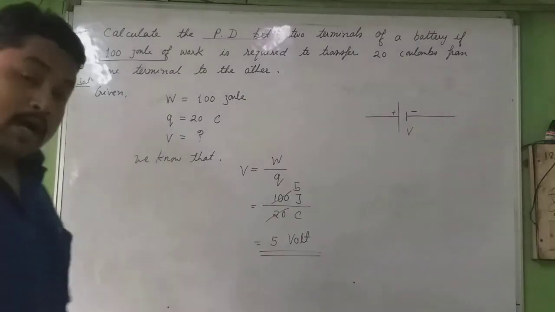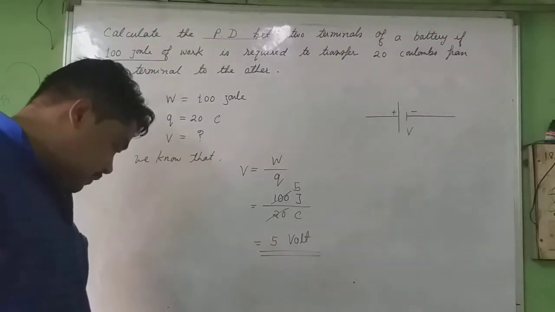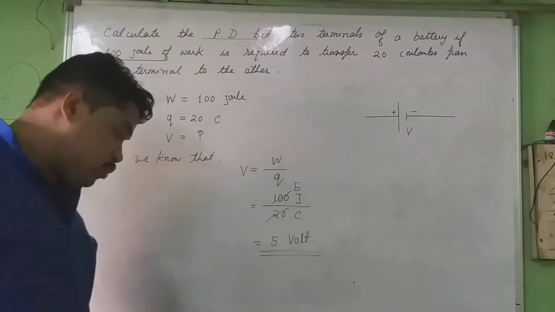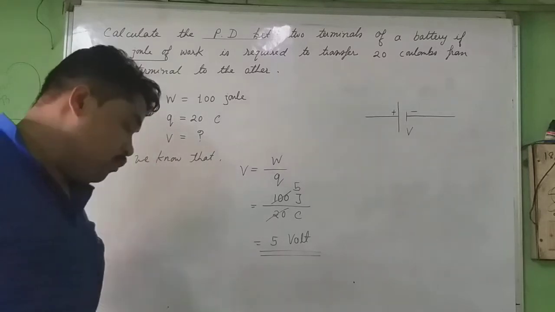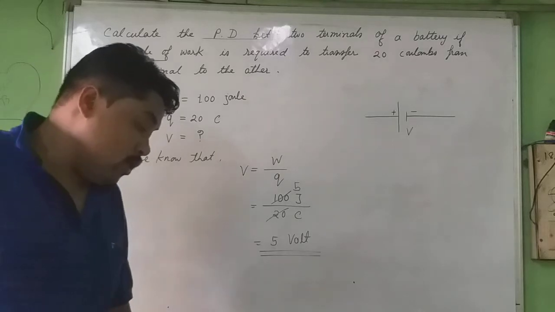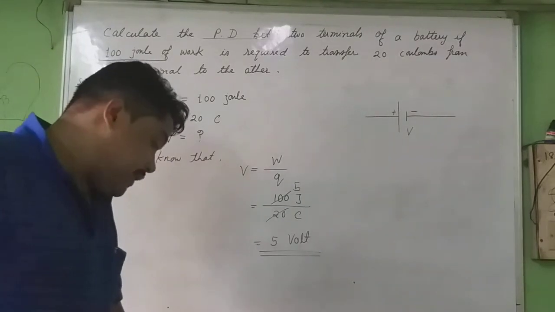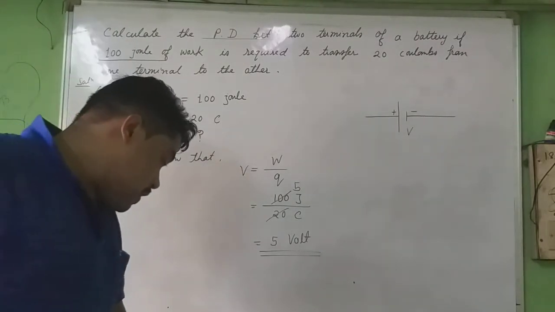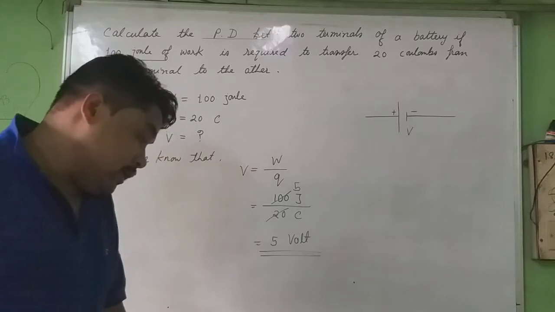Now the third question is: how much work is done in moving a charge of 3 coulomb from a point at 38 volts to a point at 48 volt?